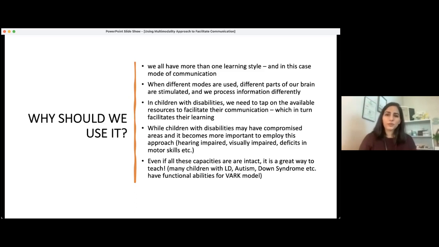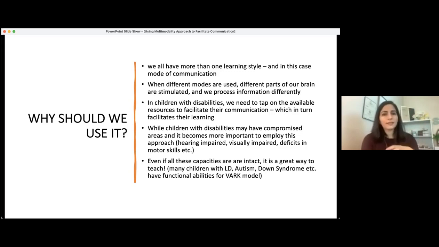And when we use different modes of providing that input, we are stimulating different parts of the brain, and we process a picture differently than we process a text. We process sound differently, different from when we are actually touching the object.